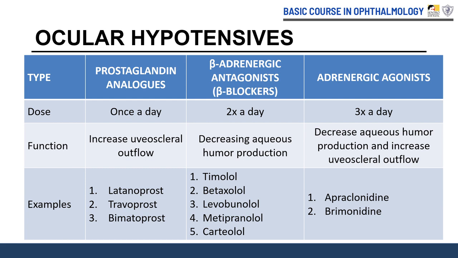Prostaglandin analogs like latanoprost, travoprost, and bimatoprost increase uveoscleral outflow. Beta blockers like timolol and betaxolol decrease aqueous humor production, and adrenergic agonists or alpha agonists like apraclonidine and brimonidine decrease aqueous humor production and increase uveoscleral outflow.